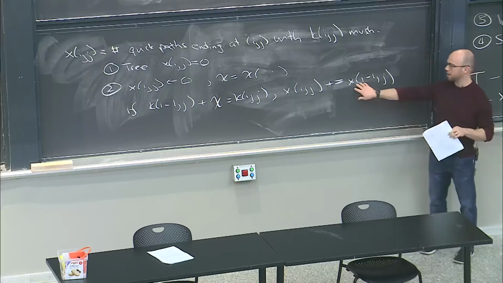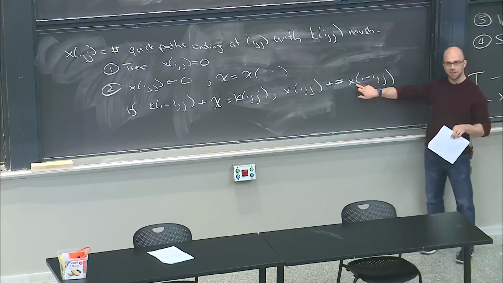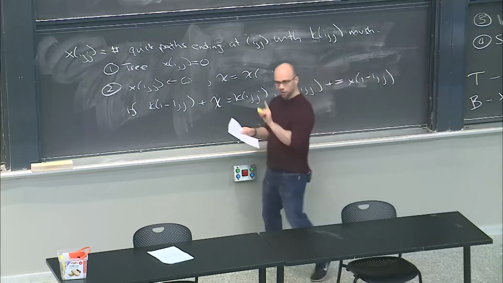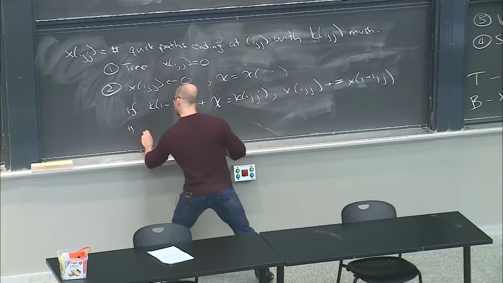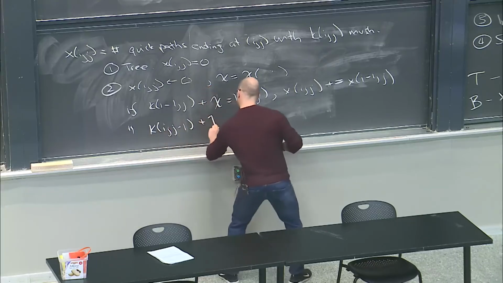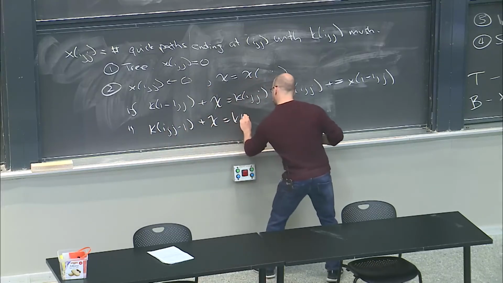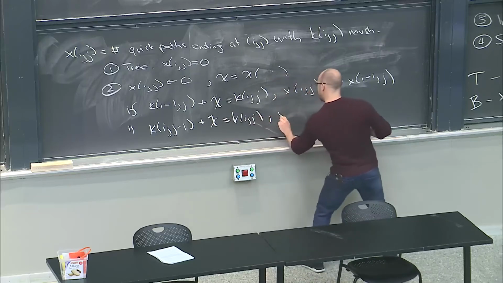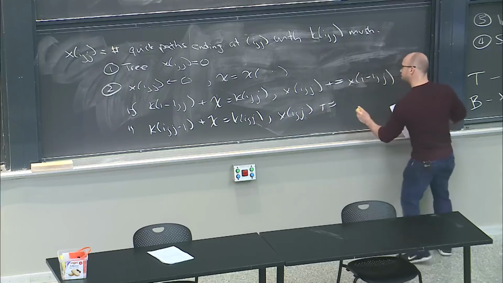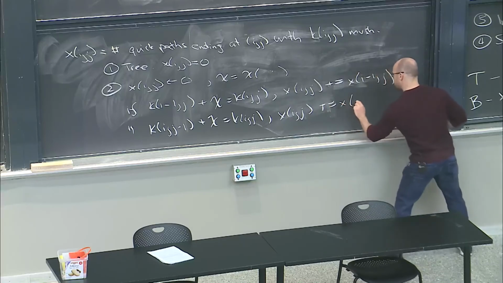Because any path that got to the previous guy and collected the right number of mushrooms can now reach me and get the right number of mushrooms. And similarly, I can look up and do exactly the same logic. So if k of i, j minus 1 plus this number is equal to Kij, then xij gets an additional number of paths, like that.